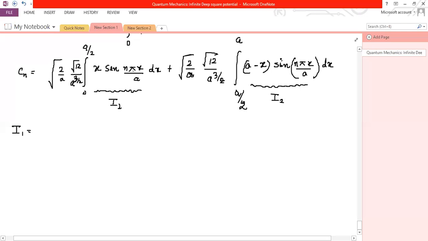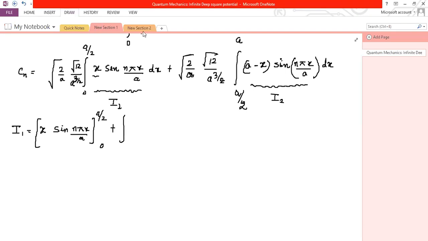So what would be I1? Let us find I1 first. This is the differentiable function, and this is the integrable function. So in the first, x sine n pi x upon a from 0 to a by 2, minus integral x derivative is 1, sine integral is cos, and negative of that also. And again cos integration is sine.